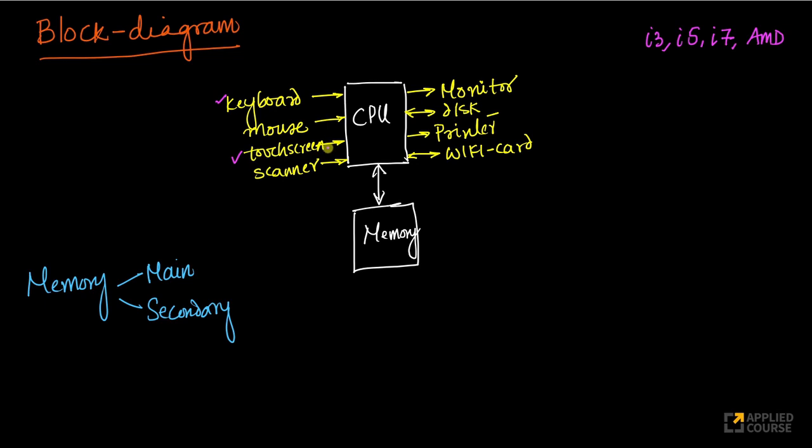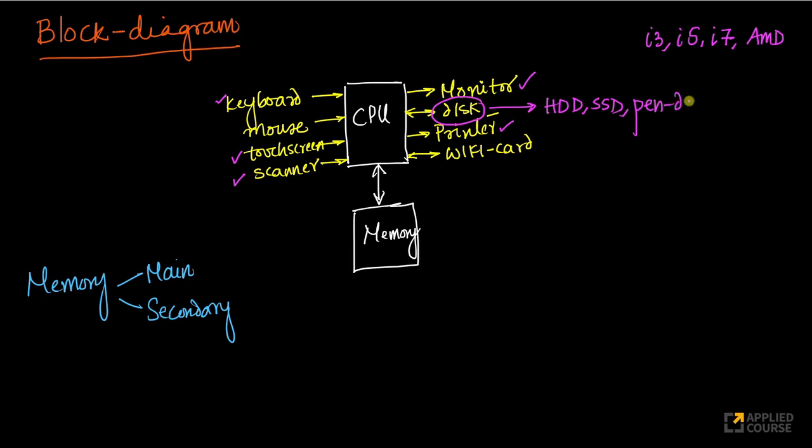Or you may have a touch screen laptop. Your printer is an output device. Your scanner is an input device. Your monitor, or the screen on which you're seeing this video, is an output device. Your disk on which you store your data permanently, like your hard disk drive or your solid state drive or your pen drive, right?